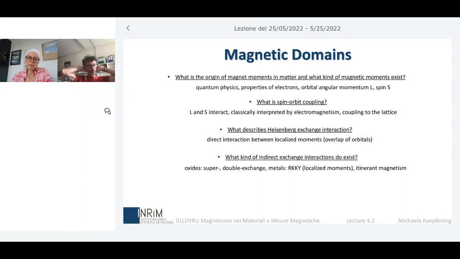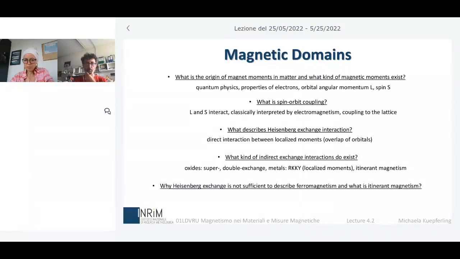Here again we have localized moments, but they are connected via S electrons or conduction electrons, let's say. This brings us also to itinerant magnetism, where we had a 3D-4S interaction, for example. And why is Heisenberg exchange not sufficient to describe ferromagnetism, and what is itinerant magnetism?